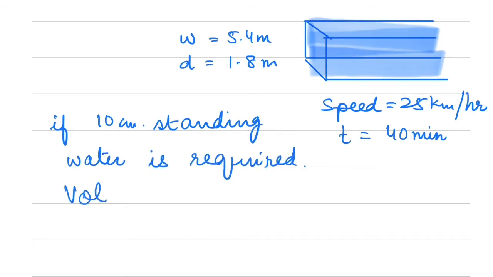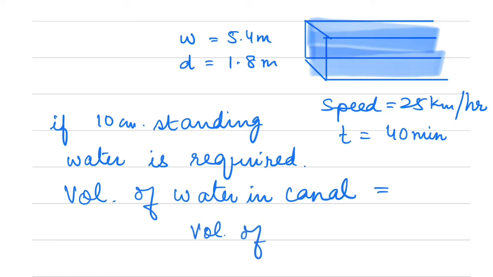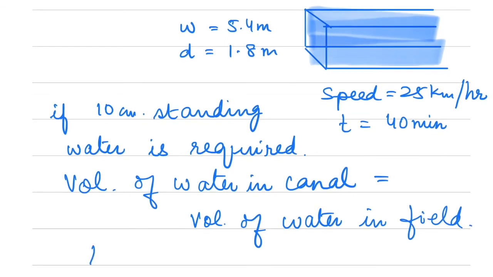So the volume of water in the canal is equal to the volume of water in the field. Both are in cuboidal shape. So we have length into breadth into height is equal to length into breadth into height. Now the length we have to find out by the speed and time.